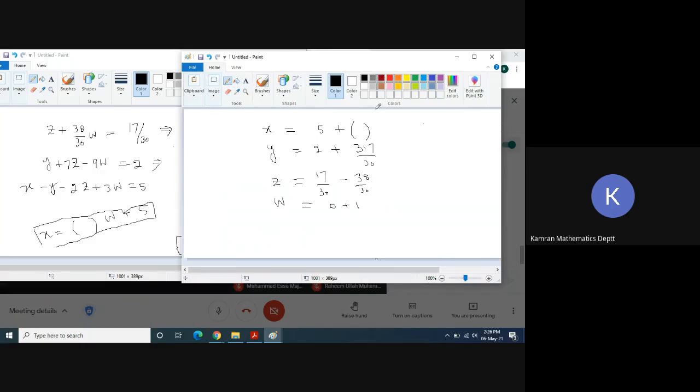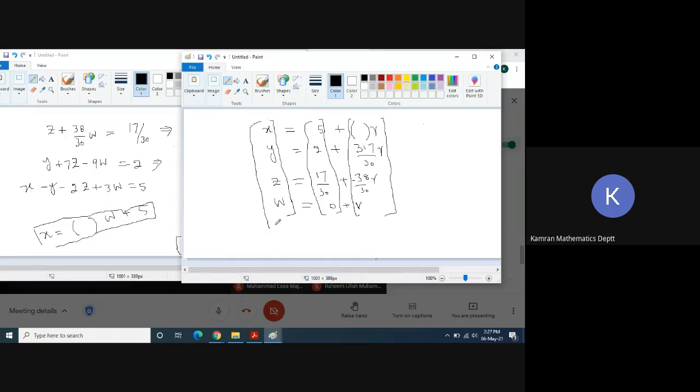And then we can write this solution as this vector, and if we replace this by plus and this by minus, so this vector is our required solution.